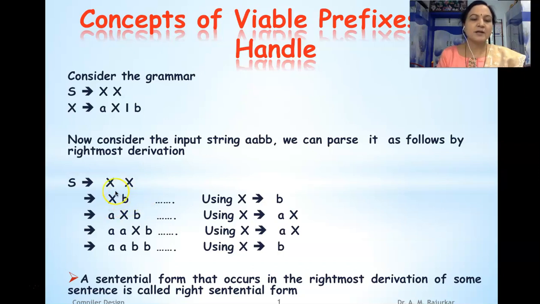The second non-terminal we come across is X again. For this X, we are going to use the production X tends to AX. So expand this X using AX.